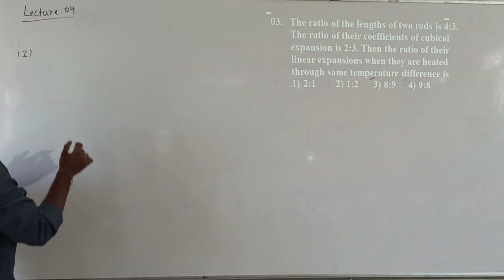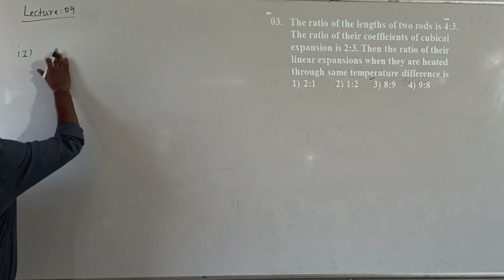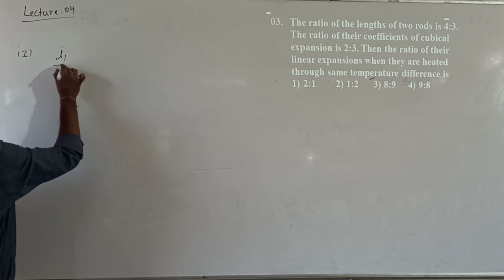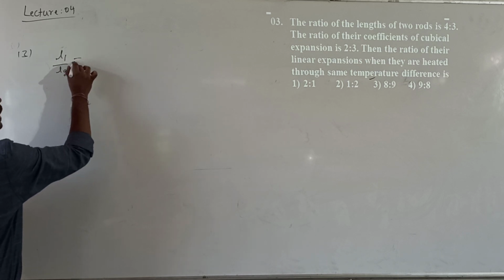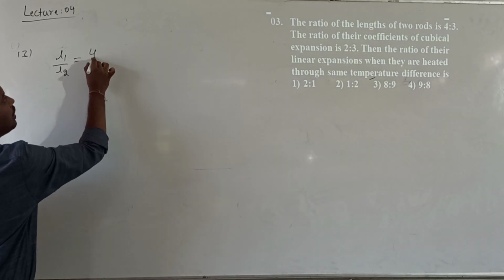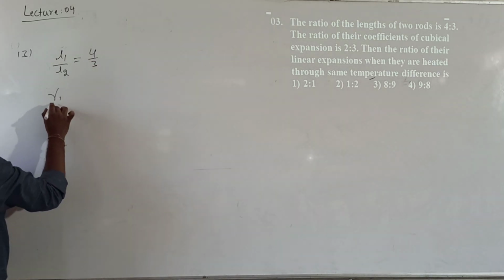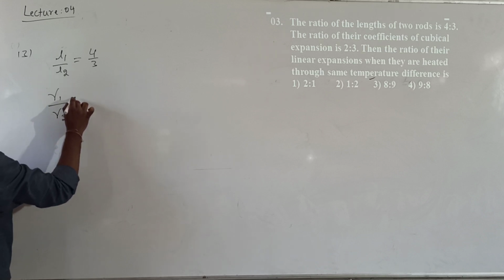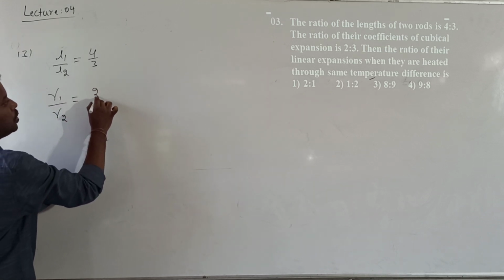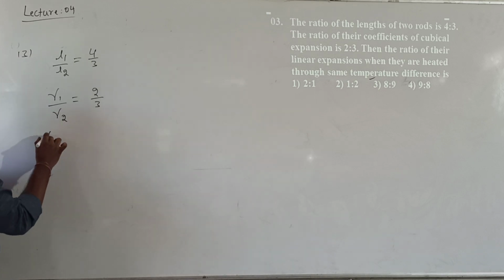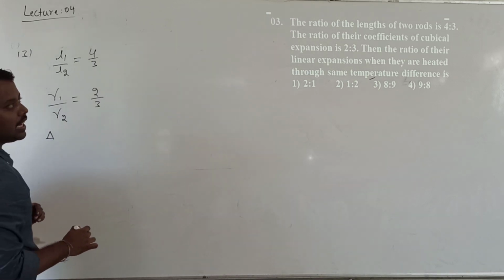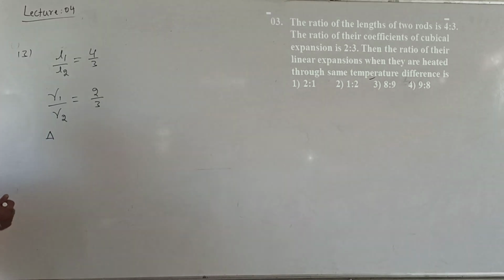Call one rod length L1 and the second rod length L2. L1 by L2 is 4 divided by 3, and the ratio of cubical expansion, gamma 1 by gamma 2, is 2 divided by 3. They are asking us to calculate the ratio of their linear expansion.